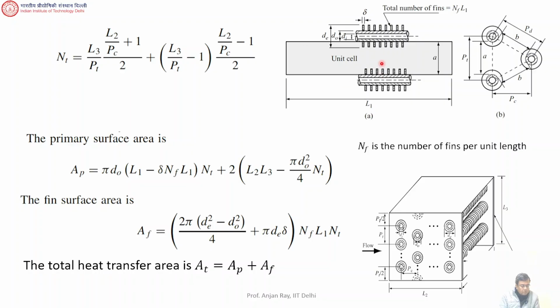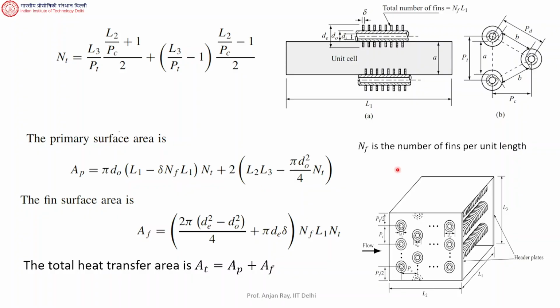So look at this part of the figure. There is a delta. Delta is the fin thickness. So these are the tubes. I am looking at the tubes from this side, so I'll see the tubes and I also see the fins, right? I'll see the individual fin thickness. So this is the fin thickness.